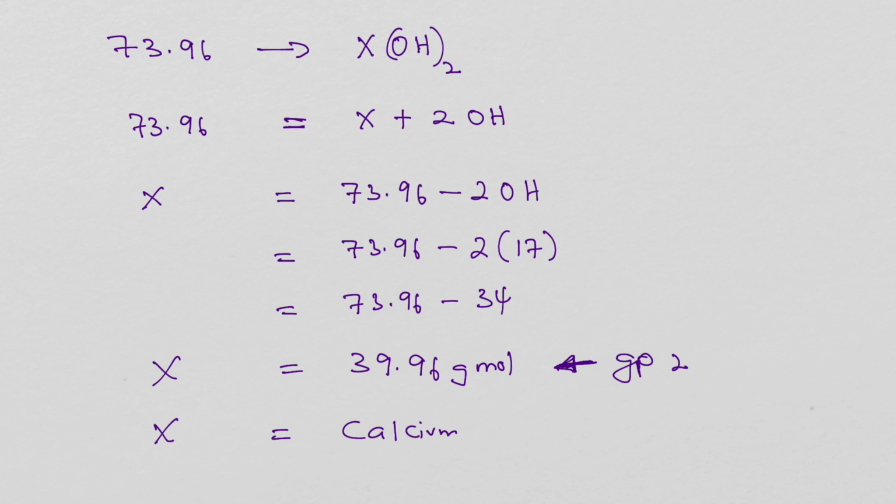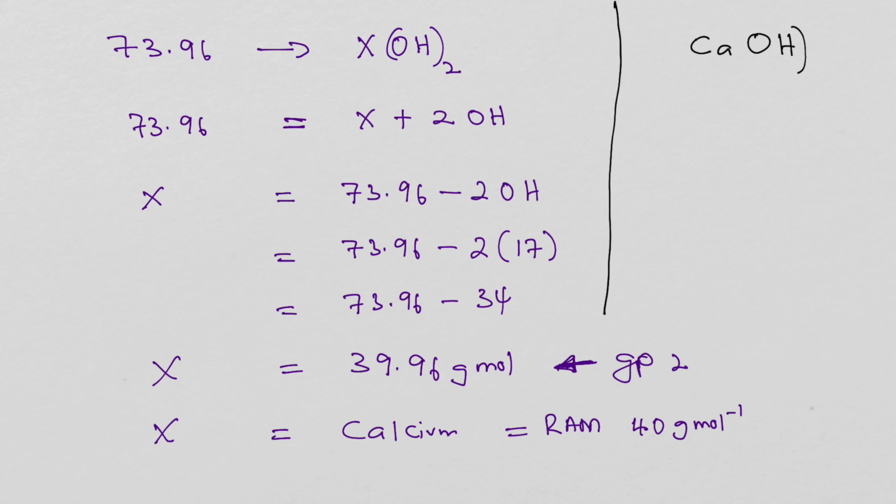It's a metal that has a relative atomic mass of roughly 40 grams per mole. And so therefore, the compound we're looking at is calcium OH subscript 2, Ca(OH)2. So that's what the base is.